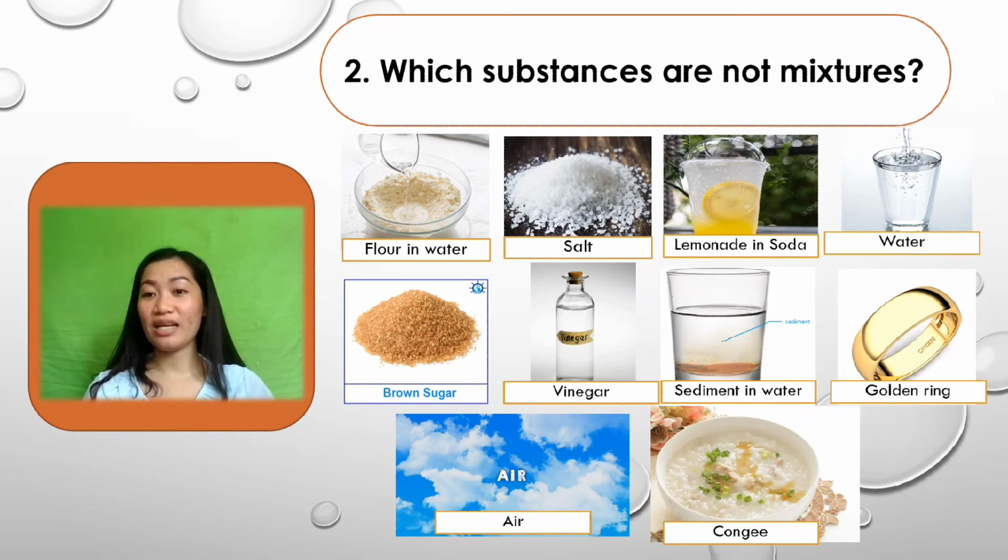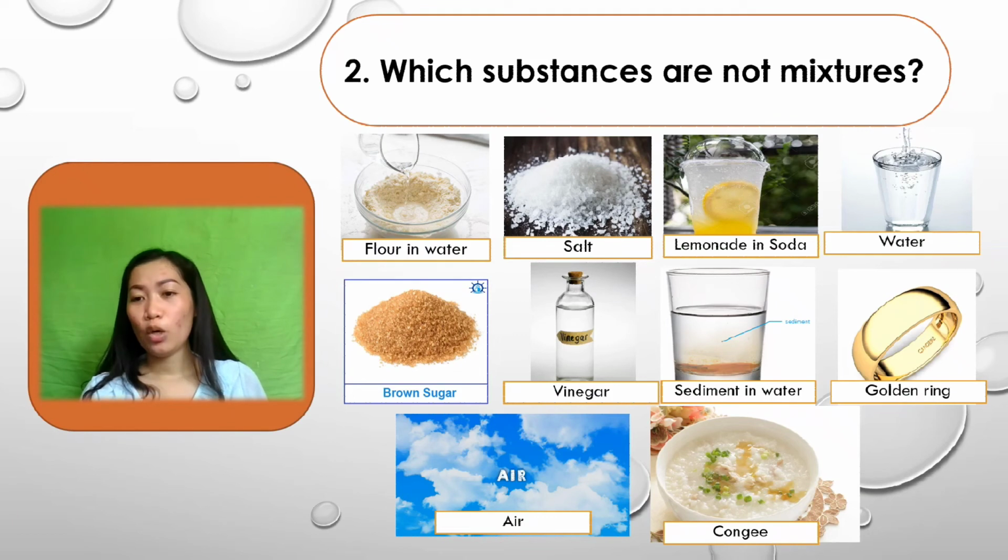So again, when we say not mixture, maybe we're talking about something else like a solution. When we say not mixture, meaning the particles are mixed well, so they form a substance which is homogeneous. So which of these substances are not a mixture? Single. Again, when you say mixture, it's two or more substances that are mixed together.